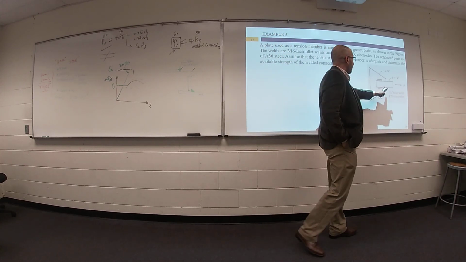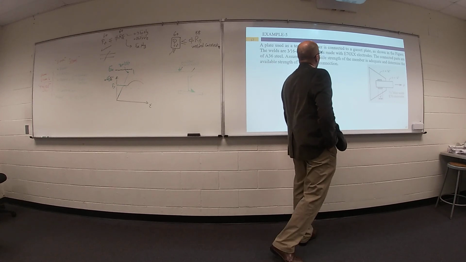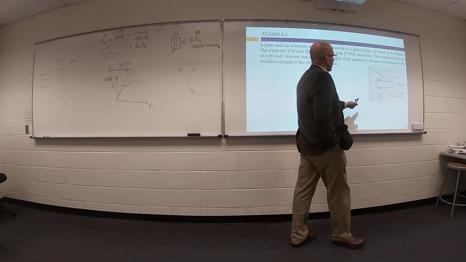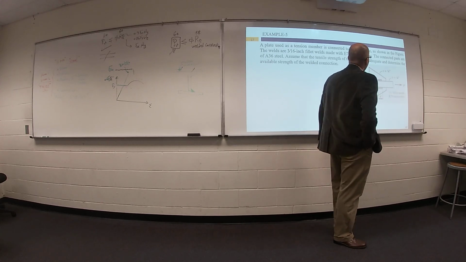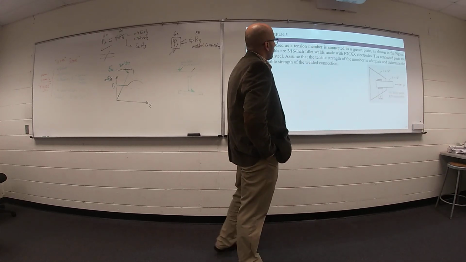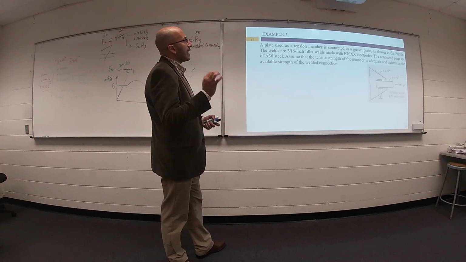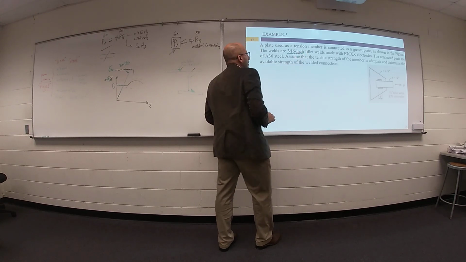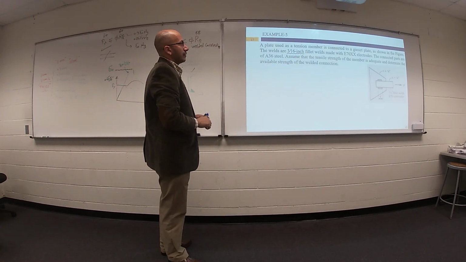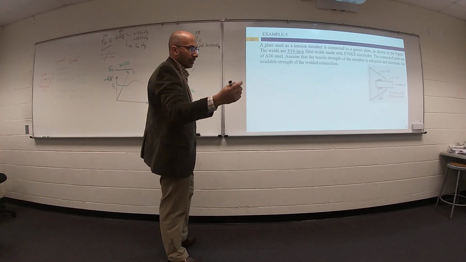So this one is a plate with thickness equal quarter inch, connected to a gusset plate, we have another gusset plate with thickness T equal 3/8 inch. The welds are 3/16 inch. Welding size equal 3/16 inch. Put it in your mind.